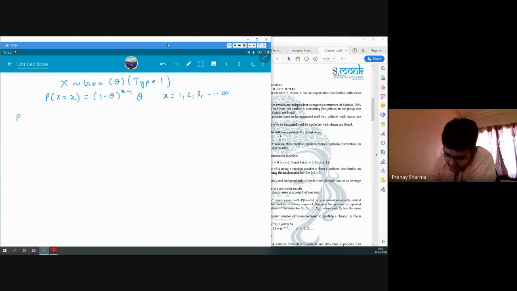Now let's say if I need to find probability X is greater than x. So when we say probability X is greater than x, what do we actually mean? In our geometric distribution, we were trying to find the number of trial that would be our first success. So our X was nothing but the number of trial that was our first success. So if I say X is greater than x, I mean that my first success is greater than x.